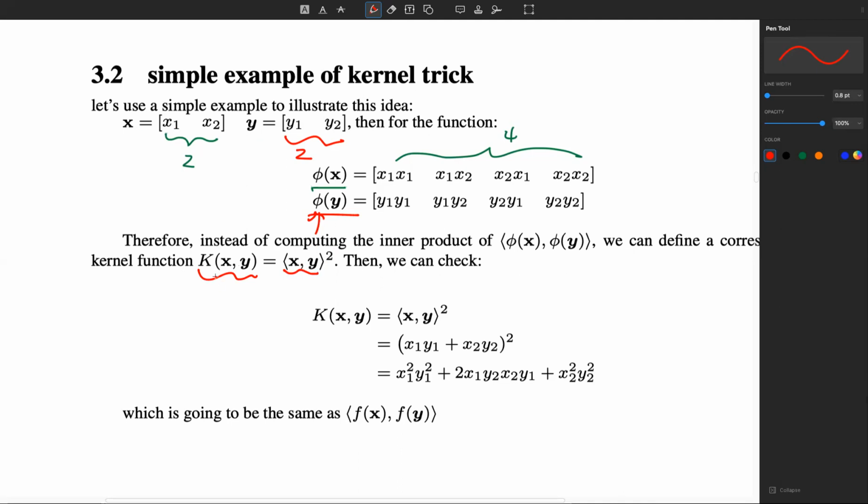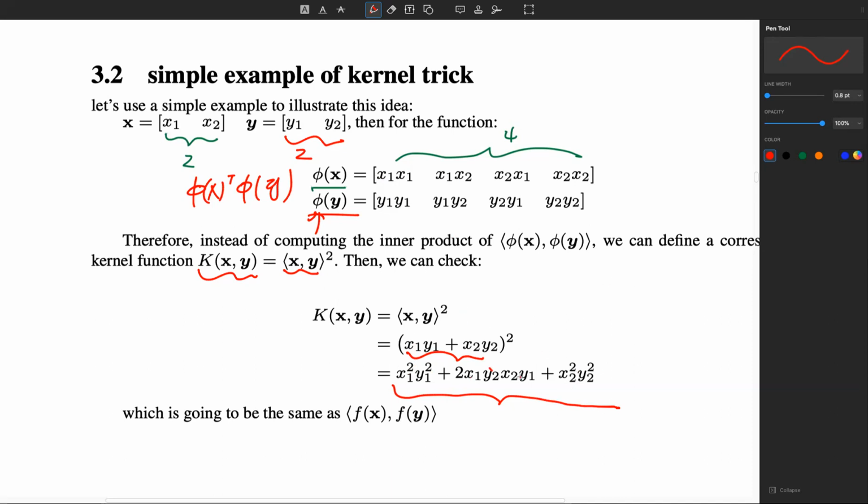That's the corresponding kernel function for it. If you plug in x and y, take the inner product and square it, you get this expression. And it is exactly the same as if you take the inner product of these two directly: this times that gives you x1 squared y1 squared, the last one is x2 squared y2 squared, and in between you get that.